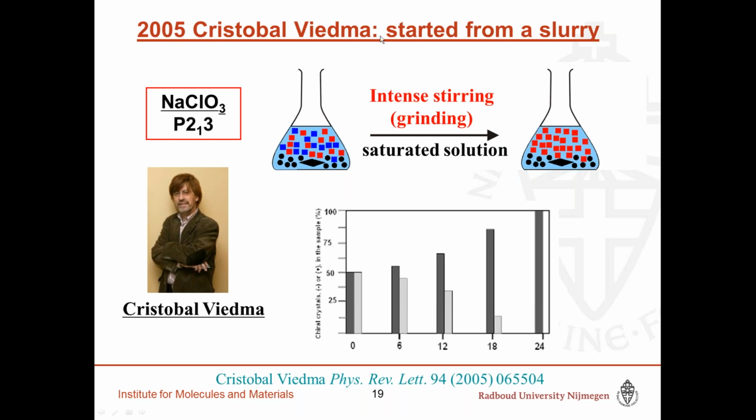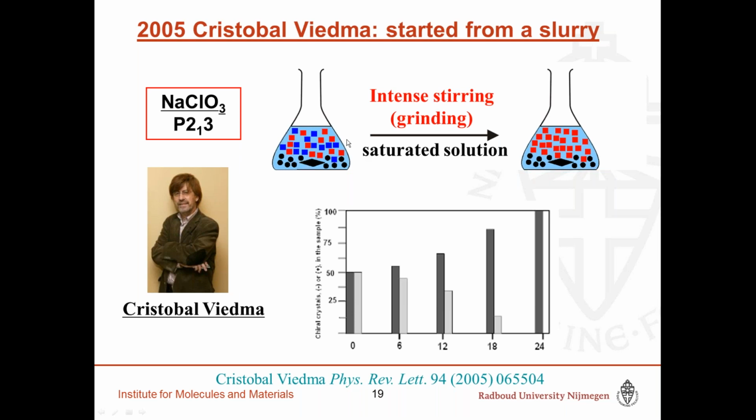Now this scenery changed drastically with the discovery of the Spanish geologist Cristobal Viedma, who in 2005 published a paper where he did a completely different experiment. He used again sodium chlorate, but then started with a 50-50 mixture, a slurry of crystals, blue and red ones, and he added to the solution, besides the stirring bar, also some pearls or glass beads.